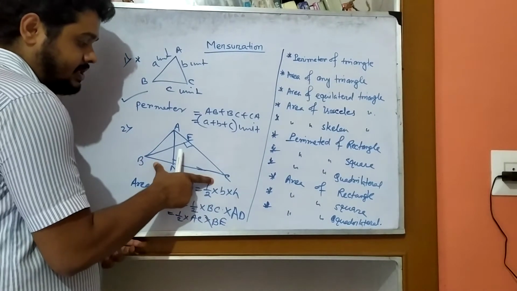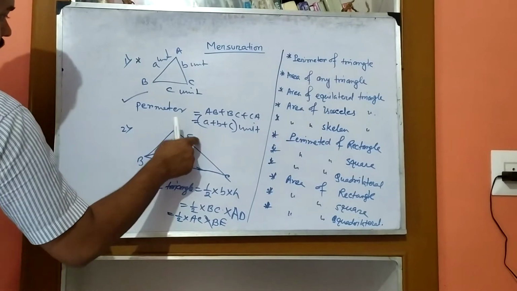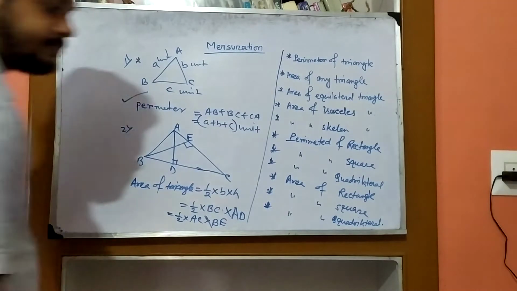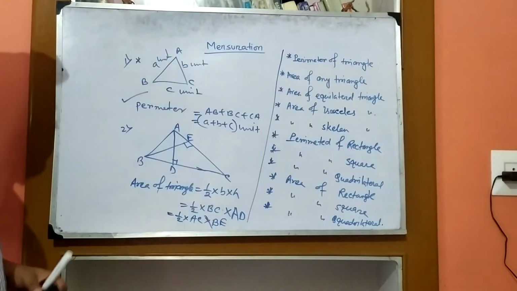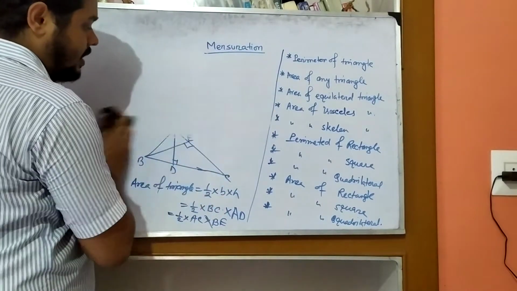Hence, in the first case BC is base, then from opposite vertex A we draw the perpendicular AD, and that time AD is the height. In the same way, when we consider AC as base, then from opposite vertex B we draw a perpendicular BE, and that time BE is the height.